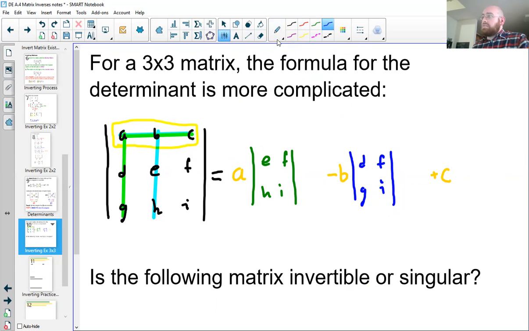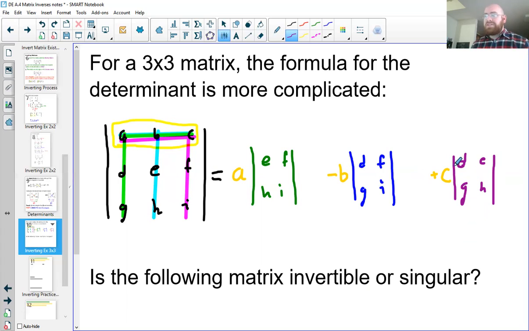And lastly, if I cross out the very last column and the top row, the numbers not crossed out, D, E, G, H, become the 4 entries of the 2x2 determinant.